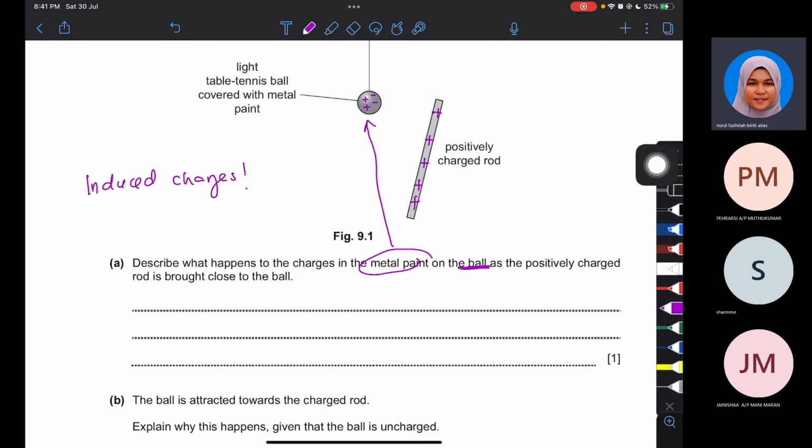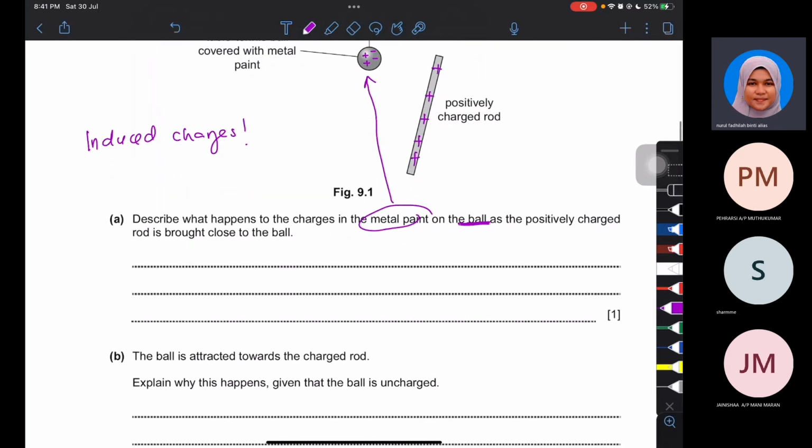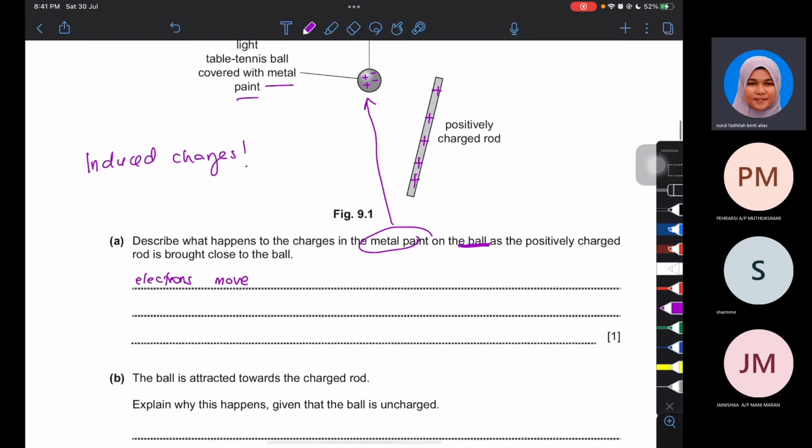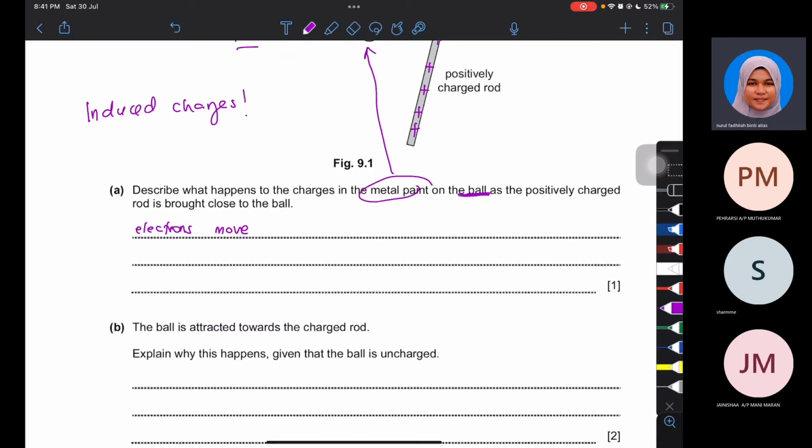The negative charge, because opposites attract. If the same, they repel. So we say electrons move. Electrons from the metal pin move towards the rod. So when that happens, what will occur?